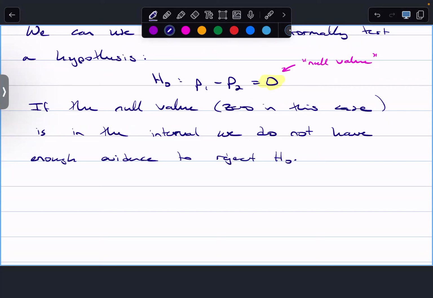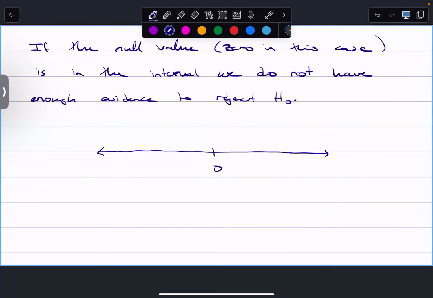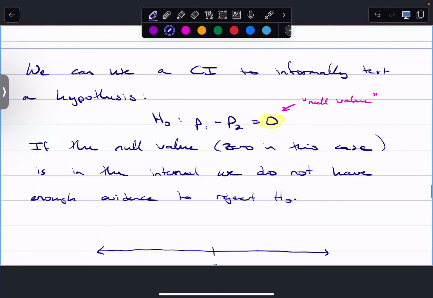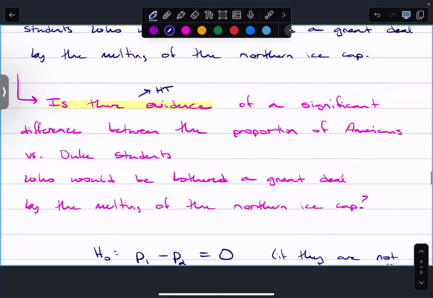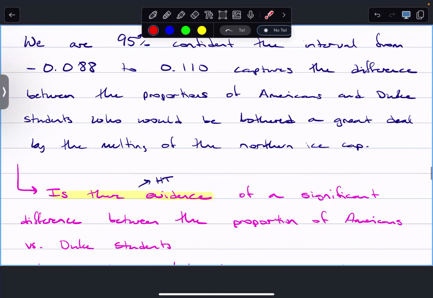Okay. So I like to draw a number line just to visualize it. And I'm going to put 0 here because that's the value that I'm interested in. And then I'll take my interval, which was from negative 0.088 to positive 0.110.